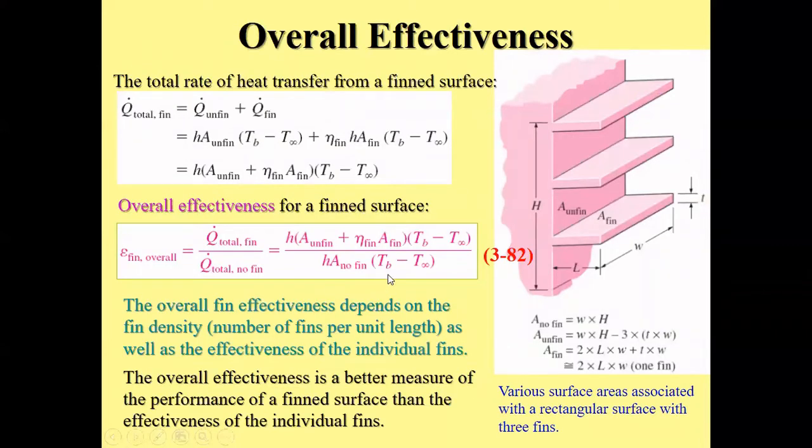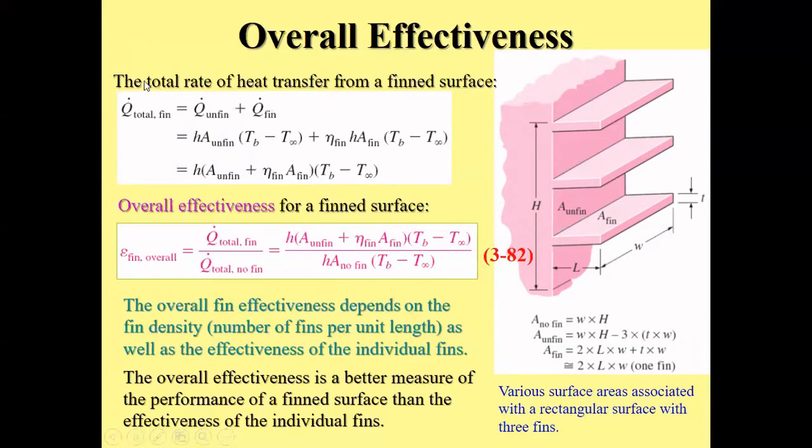All right, because we are dealing with many fins at one time in one system, it is common to check the overall effectiveness rather than the individual effectiveness of each fin.